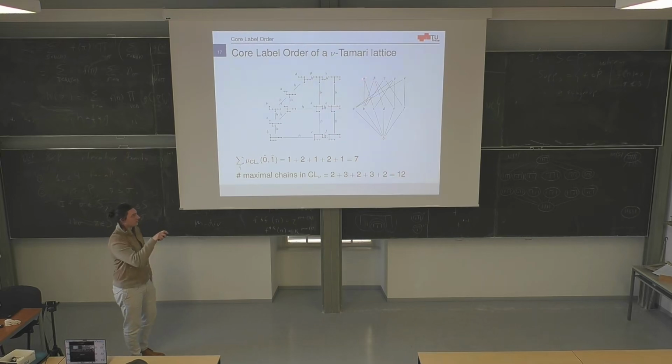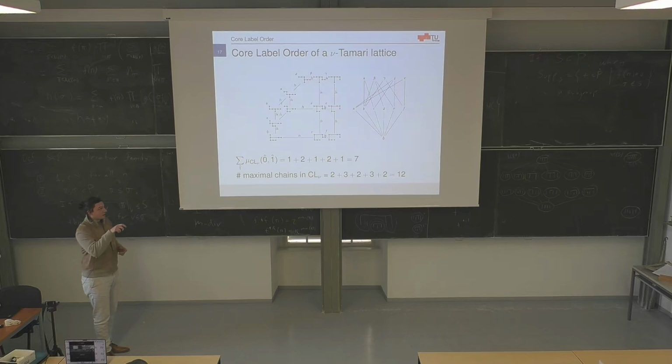I can do this for all the top elements, and then I'm taking the sum of them. At the end, for the sum of these Möbius functions, I'm getting a 7. And when I count the maximal chains in the core label order, I'm getting a 12.